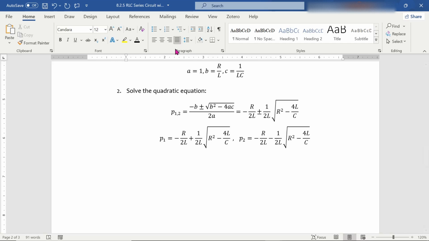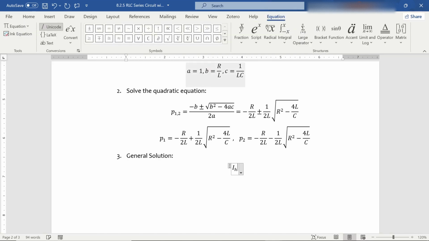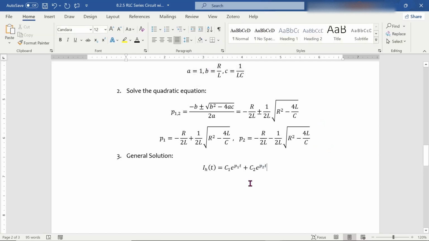If you can recall, the general solution for such is I_H as a function of t equals C1 e to the p1 t plus C2 e to the p2 t.